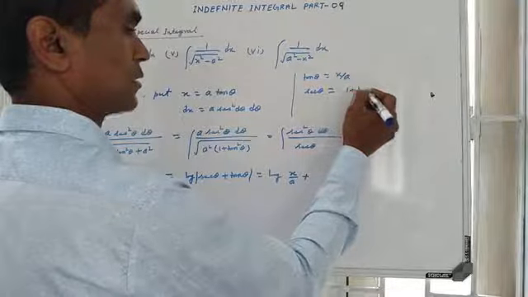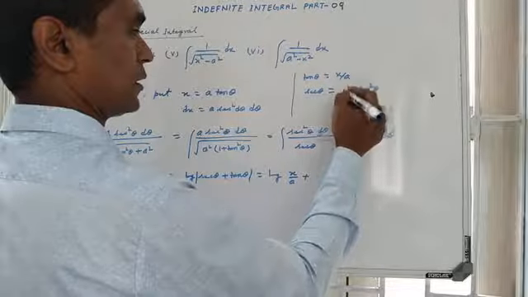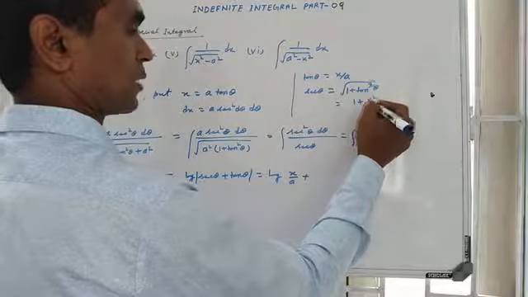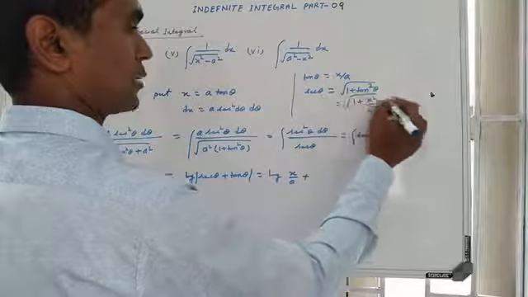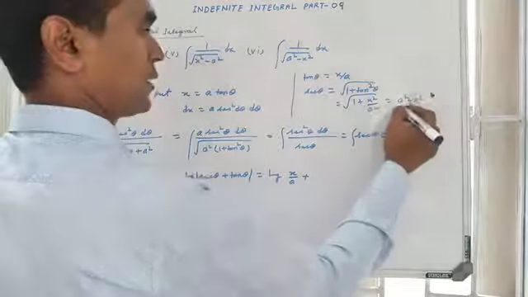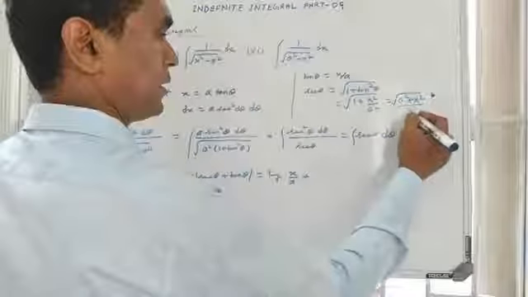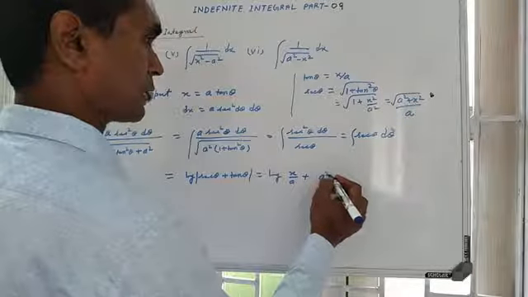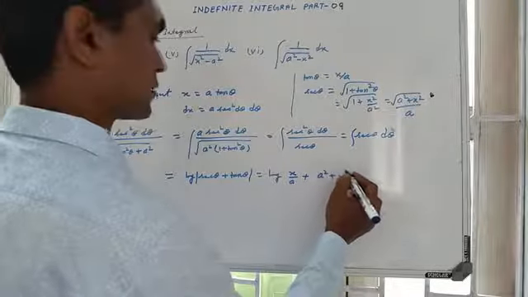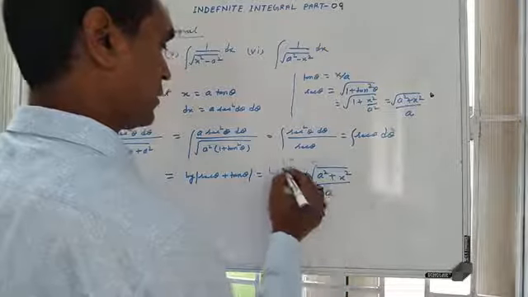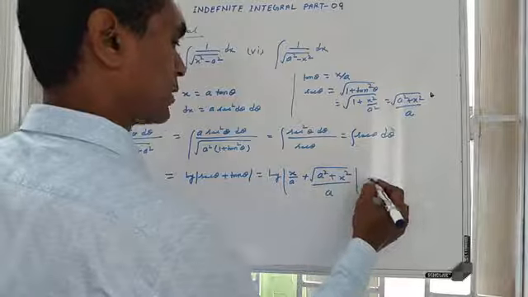So root of 1 plus x square by a square, so it will be root of a square plus x square by a. Here we put the value: root of a square plus x square by a, whole modulus, plus c.